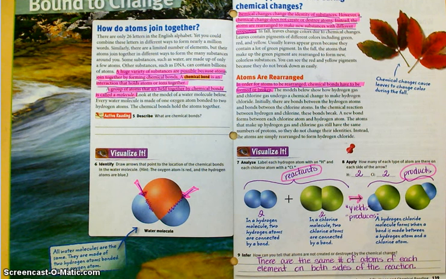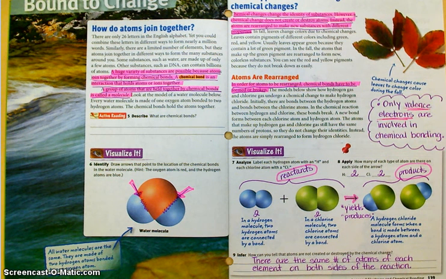Okay, I drew a bracket around the products and labeled them. And notice on the product side, I still have a total of 2 hydrogen atoms and 2 chlorine atoms. Okay. And number 9, how can you tell that the atoms are not created or destroyed by the chemical change? Because there are the same number of atoms of each element on both sides of the reaction.